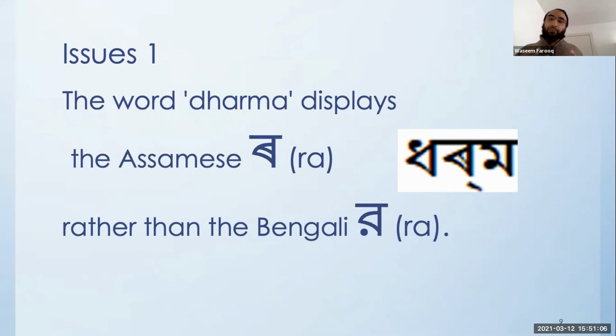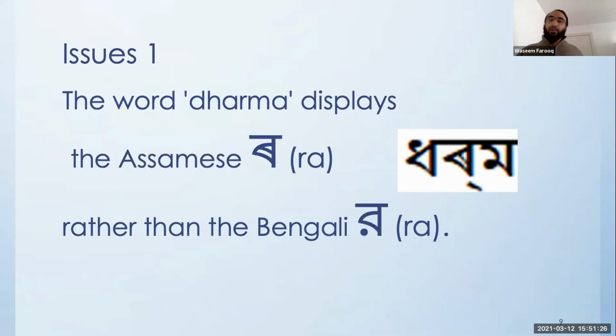Even though it was in Assamese, if you searched this word in WorldCat, it would retrieve the results with the Bengali Ra character and also the results with the Assamese Ra character. So it didn't really pose much of a problem.